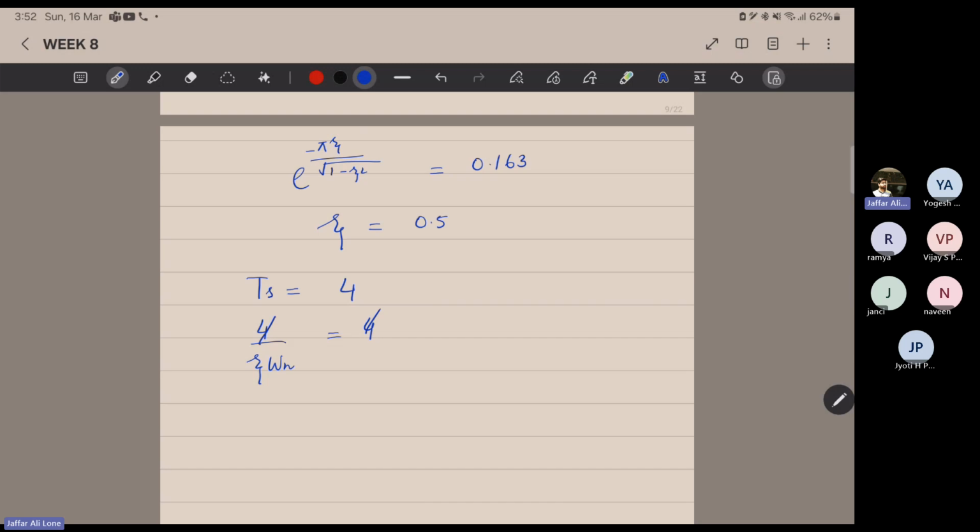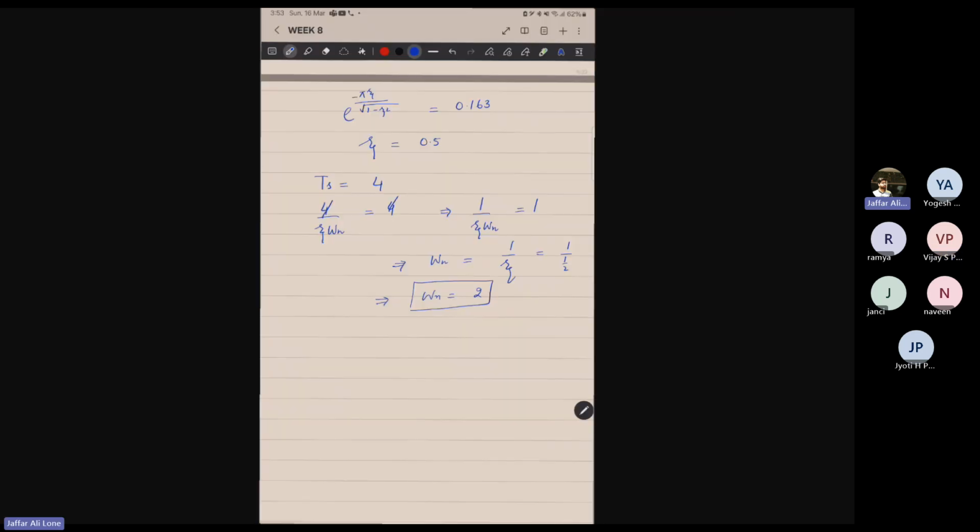So 4 and 4 cancel. It implies 1 over zeta omega n is equal to 1, omega n is equal to 1 over zeta, which implies omega n is equal to 2. Is it clear? Does anybody have any doubt till here?